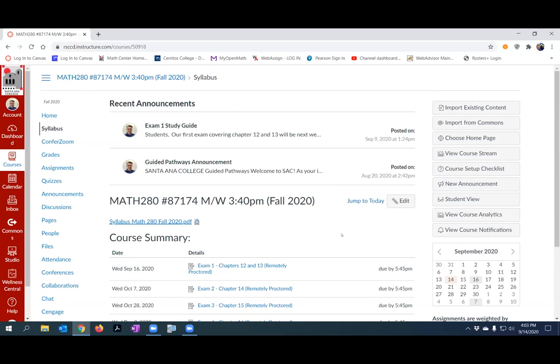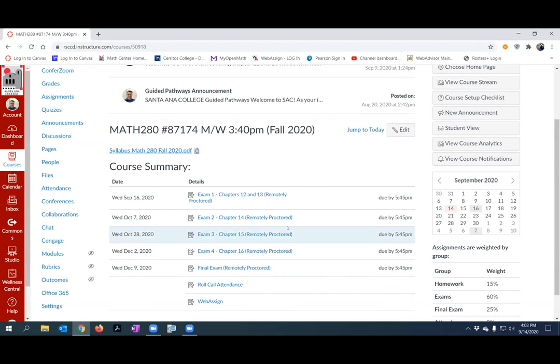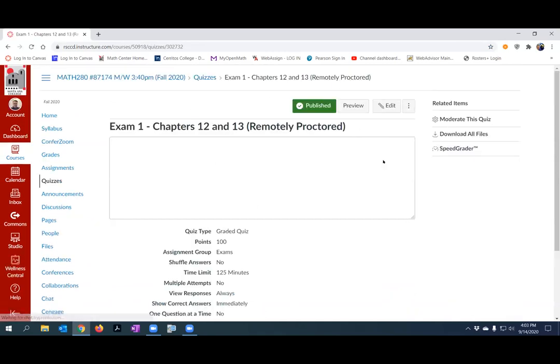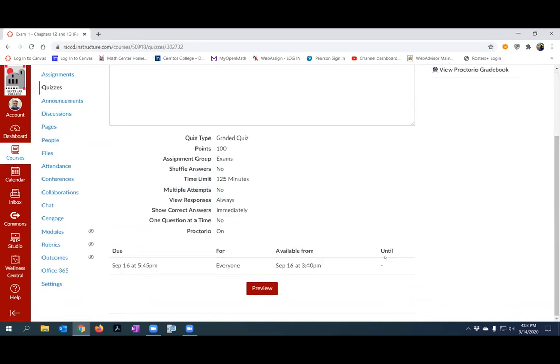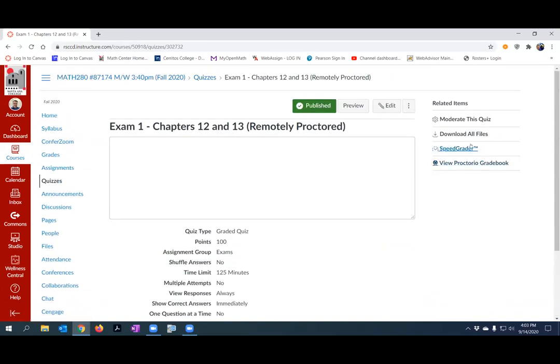At the very beginning, you're going to log into exam 1. Then you're going to do the homework assignment that's called chapter 12 and 13 exam. And then at the very end, you're going to upload your work.